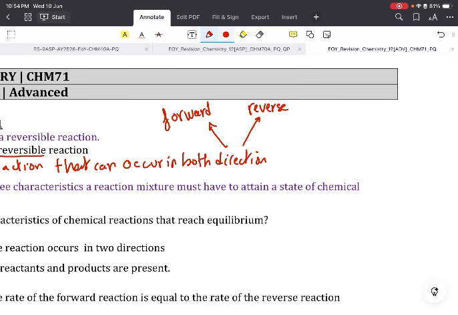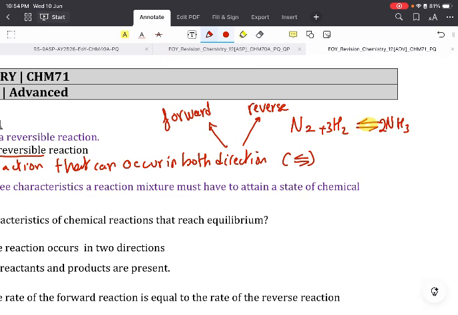And I can identify a reversible reaction when I see this sign. So for example, nitrogen plus hydrogen giving ammonia is a reversible reaction because we see this sign in the middle.